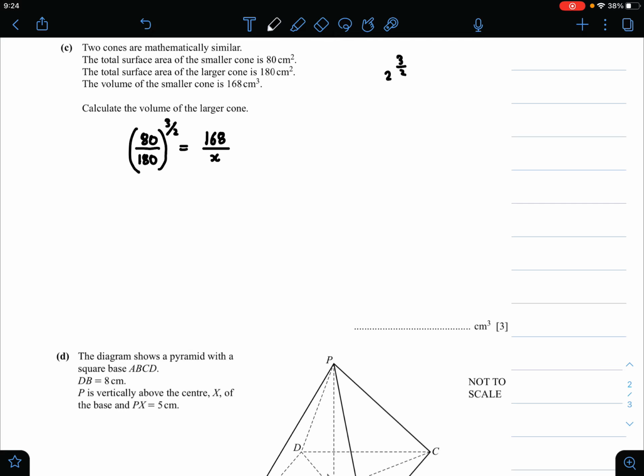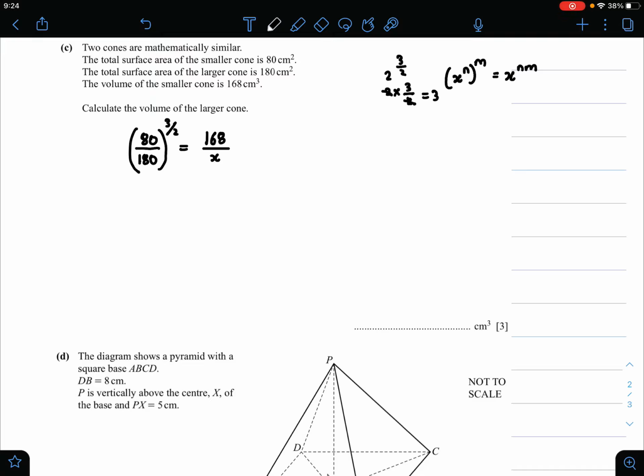If we use the index rules, x raised to n raised to m is equal to x raised to nm, which means we multiply. So if we multiply 2 by 3 by 2, we are left with 3, so cube basically. That would be the same unit as your volume. Therefore we raise it to the fraction 3 by 2.